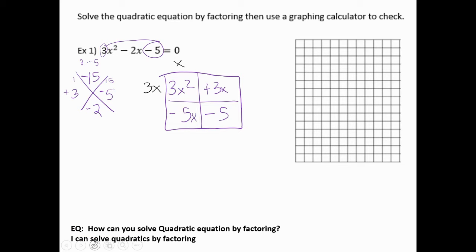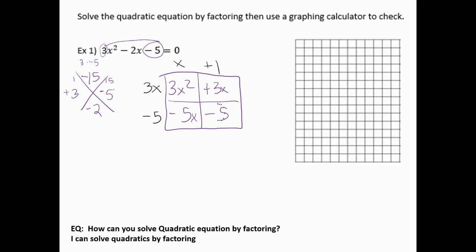And then I know that x times what would be -5x? So this has to be a -5. And then 3x times what would be +3x? So that has to be a +1 because 3x times 1 is 3x.